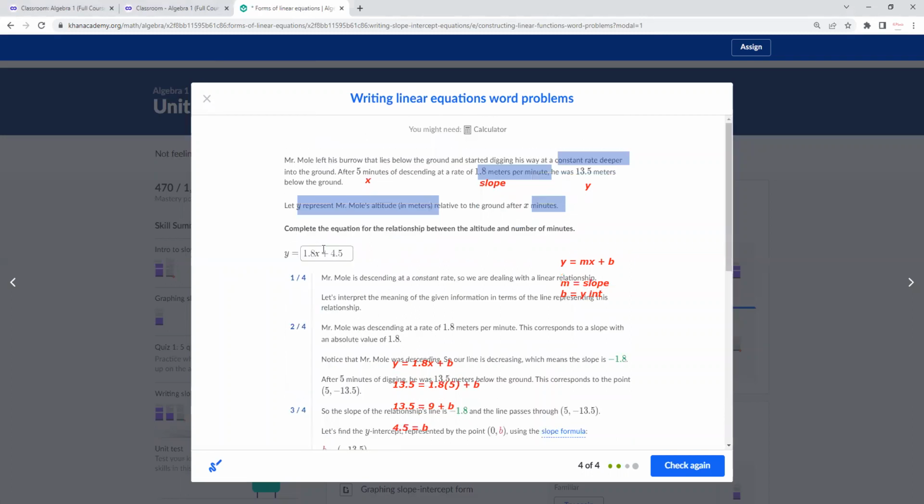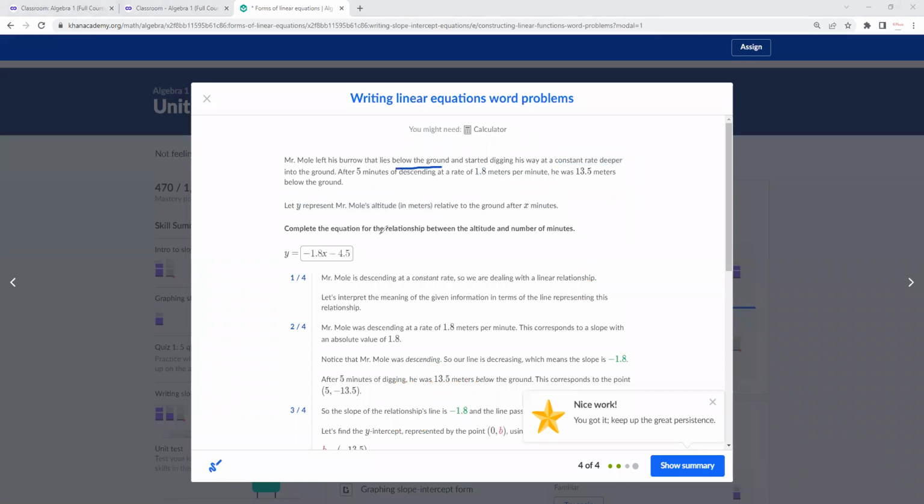So yeah, everything should be negative because it's going down. That's what I figured. Okay, so yeah. He started below the ground, right? So that's going to tell me that it's going to be a negative. And since he's going down, your graph, if you were to graph this, looks something like that. It would be going downwards.